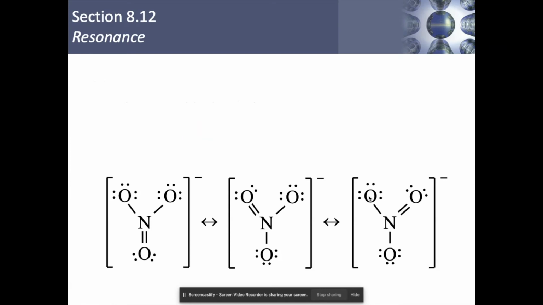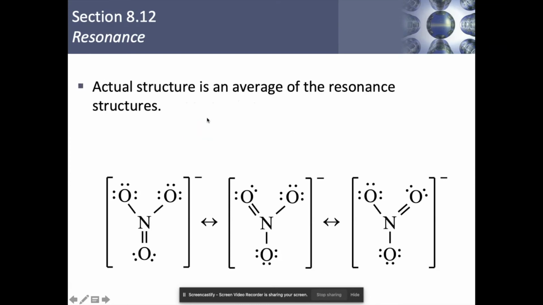There's more than one valid Lewis dot structure. And so in reality, if we're looking at the bonds themselves, or if we're looking at the bond energy itself, the actual structure, so the nitrate ion, is an average of all three of these possible resonance structures. So just keep that in mind. If it wasn't an average, then this bond would be a lot shorter, and these bonds would be a lot longer.